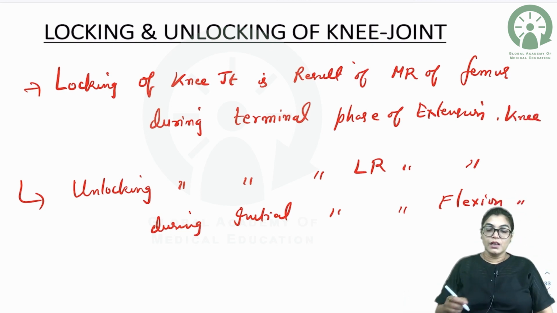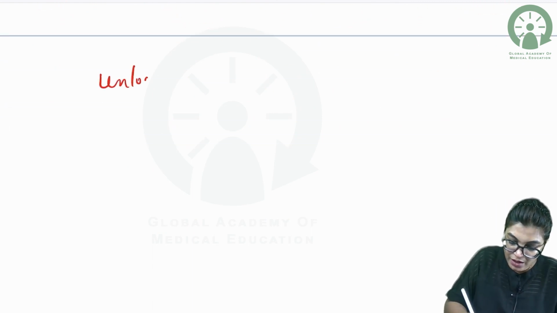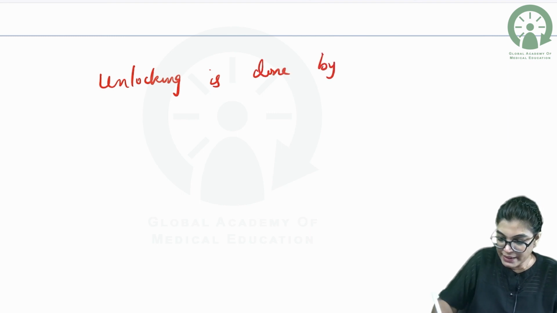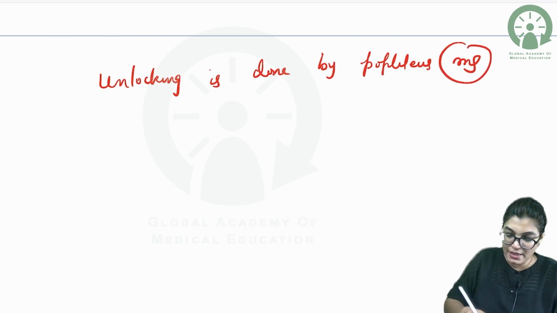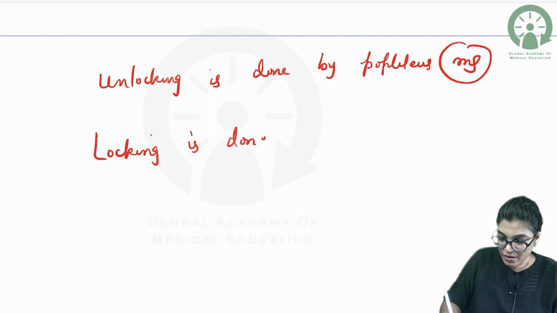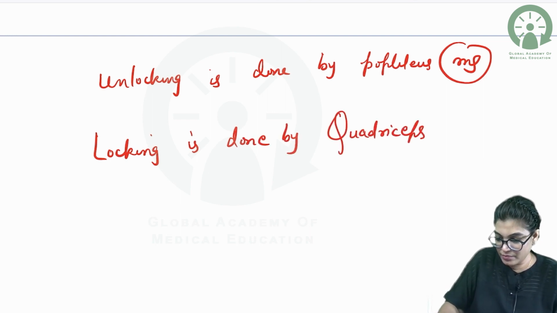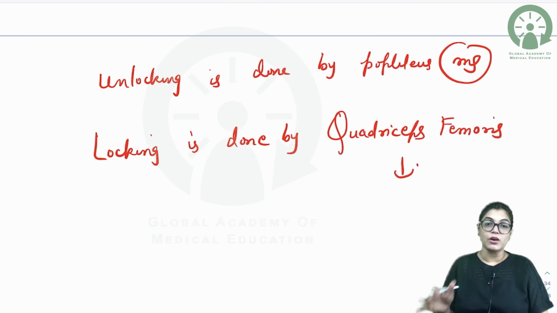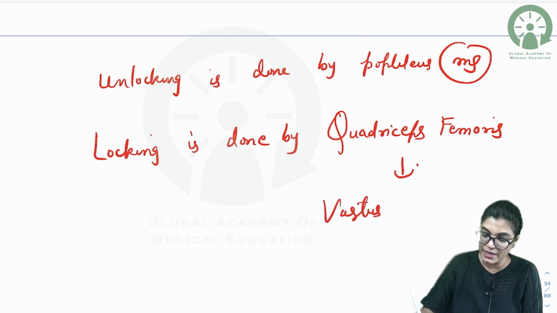Now, unlocking is done by the popliteus muscle. Locking is done by the quadriceps femoris muscle, which has four components. And if you want to know the most important component involved in locking of the knee joint, the answer is vastus medialis muscle.